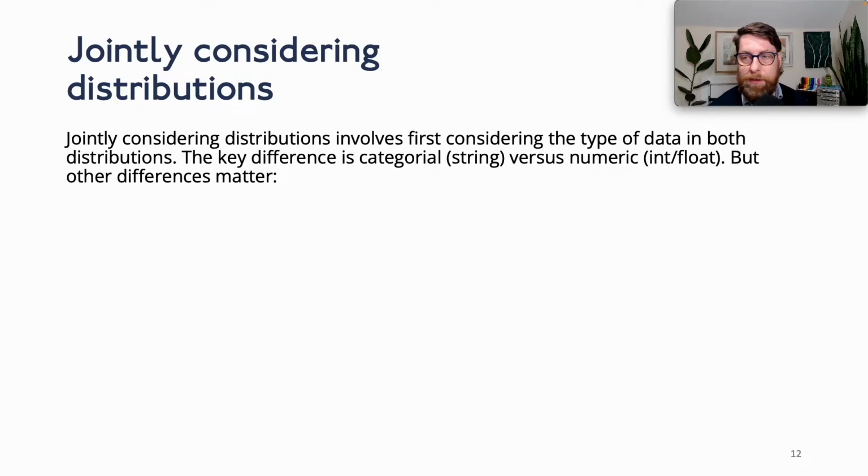Now, while a single distribution is useful, and it's important to know its shape and have a sense of that when you're trying to do some sort of statistical test, joint distributions, or jointly comparing them, really gets us more where we want to go. So the key difference in the joint comparison of distributions is whether the data is categorical or numeric.